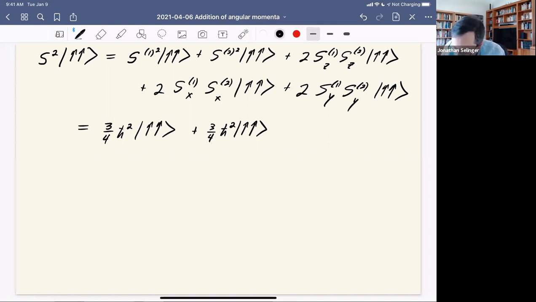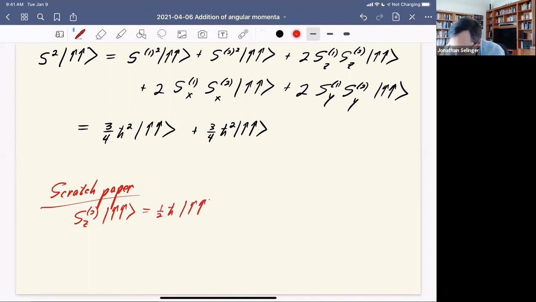Now what about this other thing? Here, I'll make my scratch paper. Scratch paper is down here. We know SZ2 acting on up is a half h bar up.